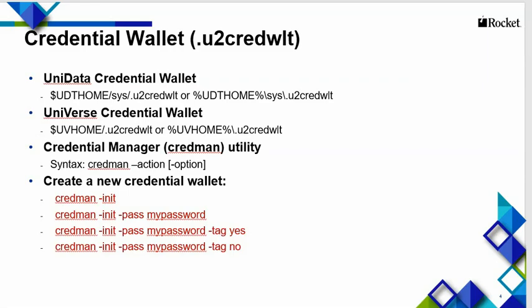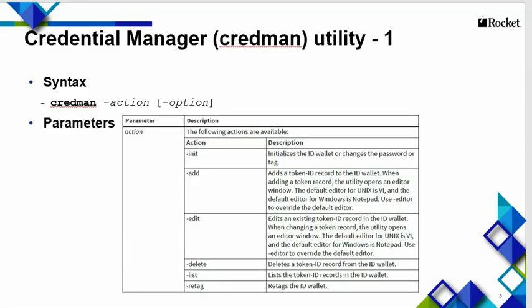If you move the credential wallet file from one machine to another machine, you must retag. Otherwise, it won't allow you to move the credential wallet from one machine to the other. So it's just a couple of commands and a couple of parameter settings. Pretty simple to use. Just follow the documentation instructions. You can initialize, add, edit, delete, list, and retag.